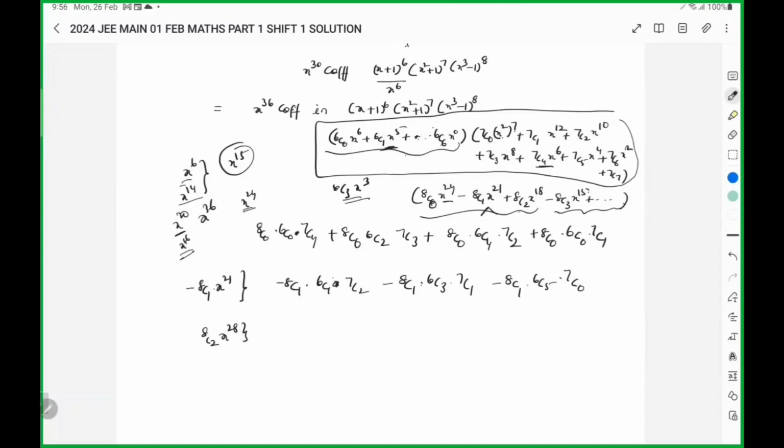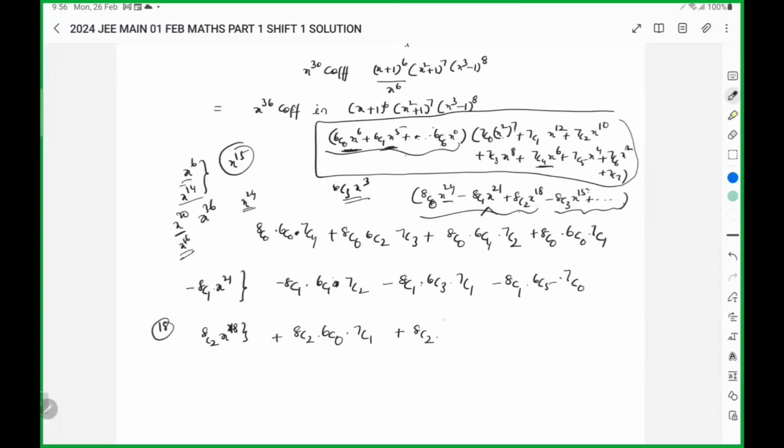8C2 x power 28. Sorry, 18. So we require the coefficient of x power 18. 18 means here x power 6 into x power 12. That is 6C0.